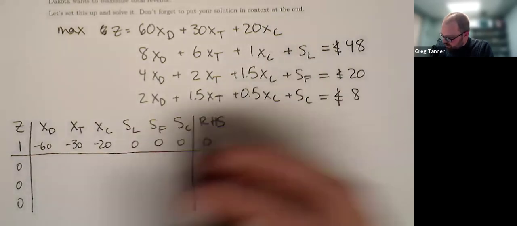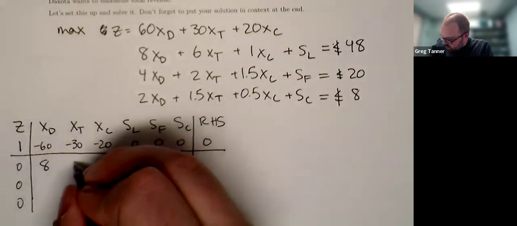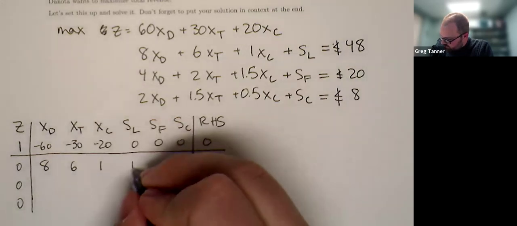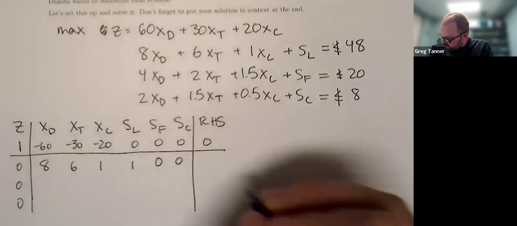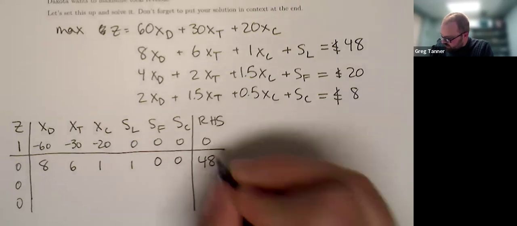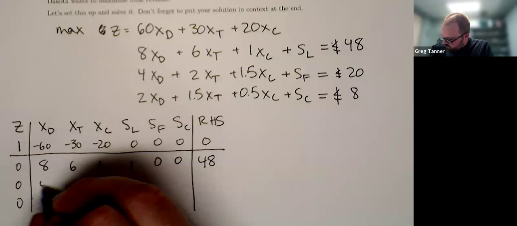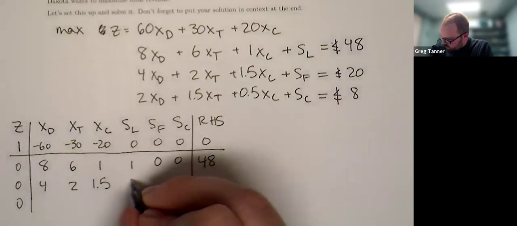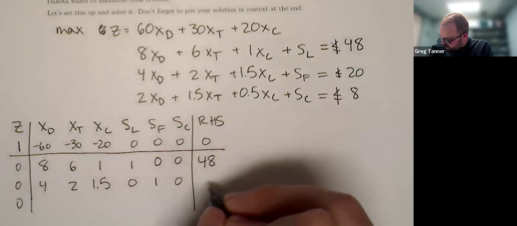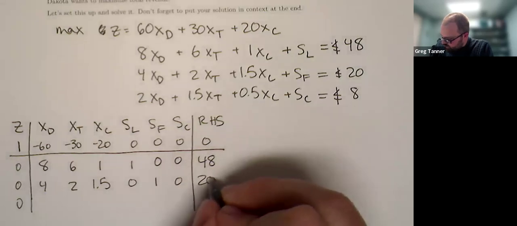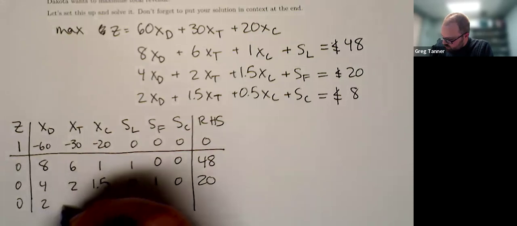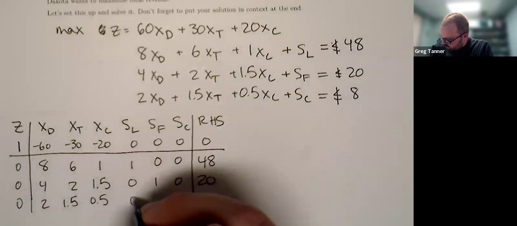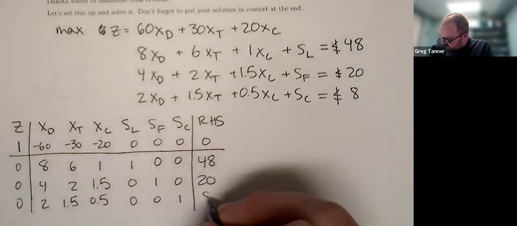And then copying this down, we get 8, 6, 1, then 1 for SL, 0 for SF and SC, and 48 here. 4, 2, 1.5, and then SF shows up, but none of the other slack variables. 2, 1.5, 0.5, 0, 0, 1, 8.